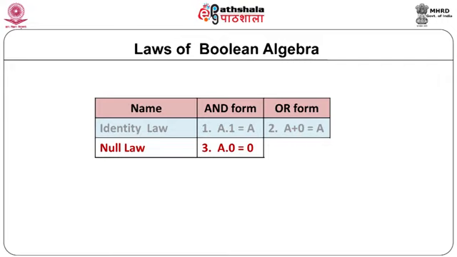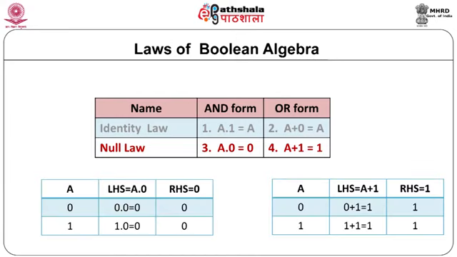Law number 3, A and 0 is equal to 0, that is a variable ANDed with 0 will always result in 0. Law 4, A or 1 is equal to 1, that is a variable ORed with 1 is always equal to 1. One can verify these laws by substituting the values of variables as 0 as well as 1.